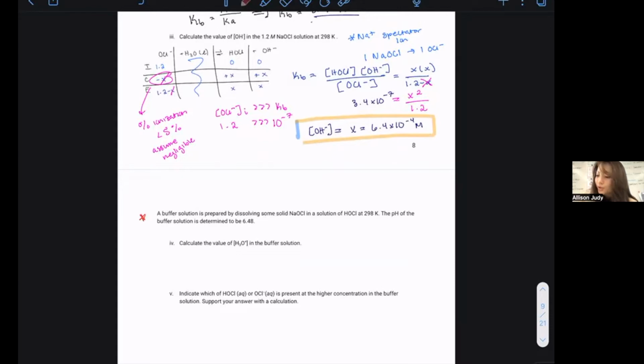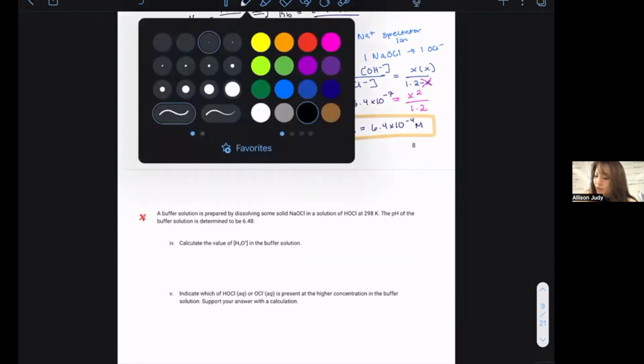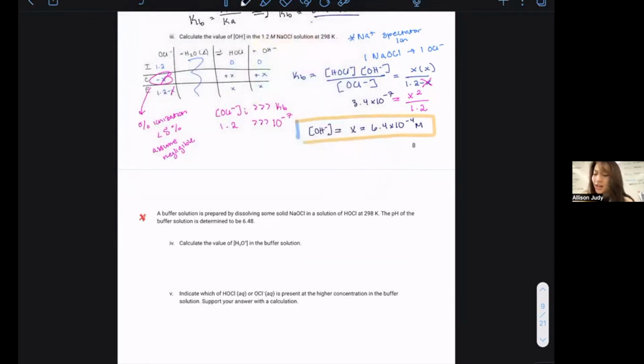A quick note: when you see NaOCl and HOCl, you might think, isn't that a common ion effect? Not really, though in a way it is. NaOCl would dissociate into Na plus and the OCl minus anion, and then you have HOCl present.